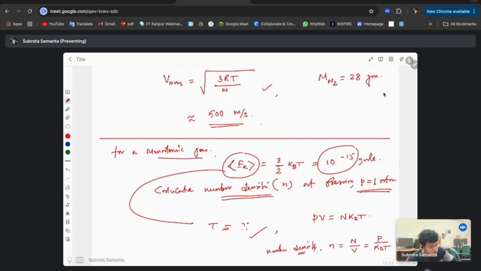From this we know the value of kBT, and we know the pressure is 1 atm. Just plug in the values, and we get the number density.